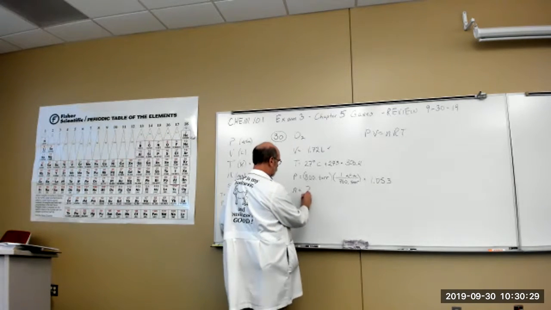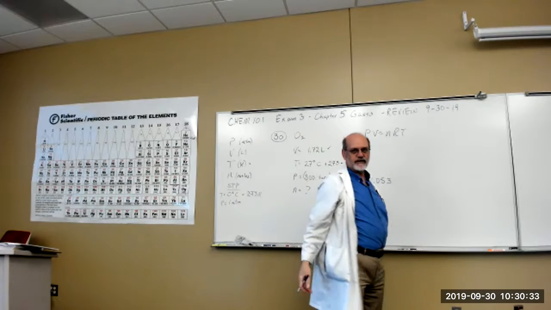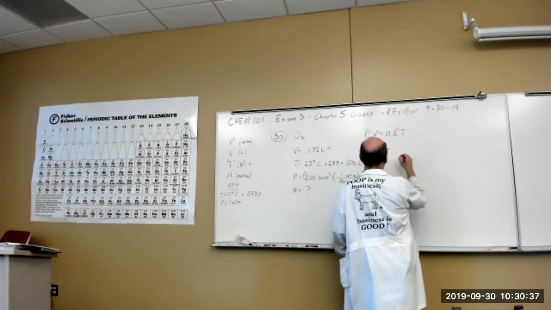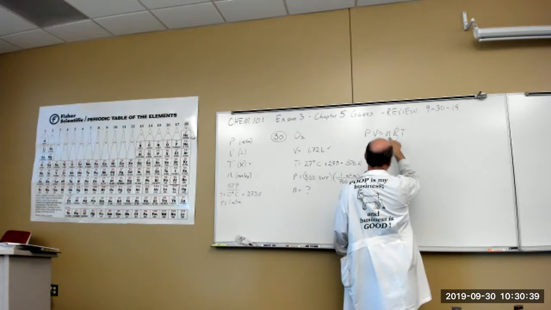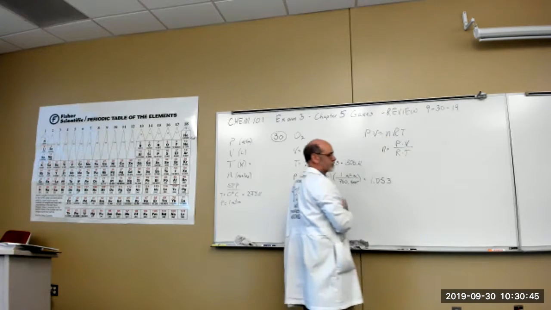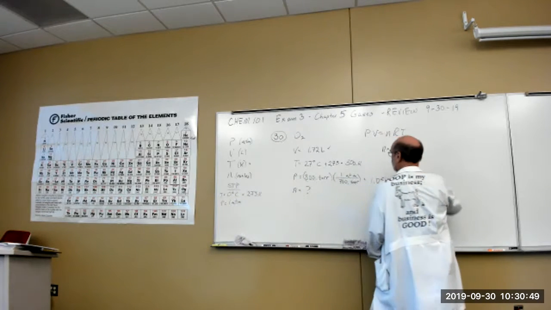So we're looking for this one. So we just solve our equation for that, or you can just plug the numbers in and then solve it. But I like to solve it ahead of time. So that means this is equal to this one divided by this one. Okay? So now we can plug in our numbers.